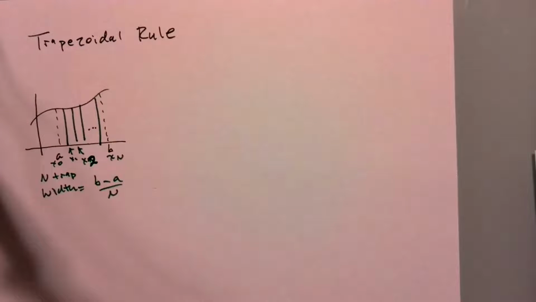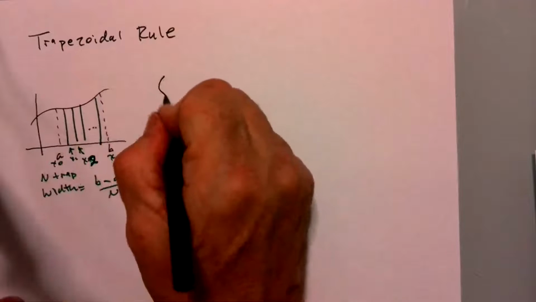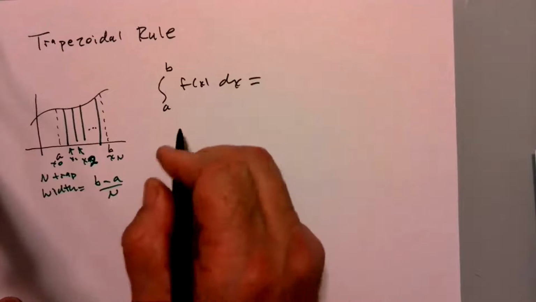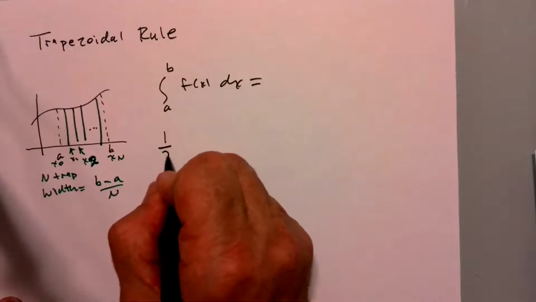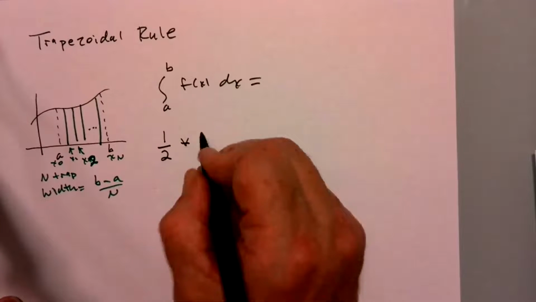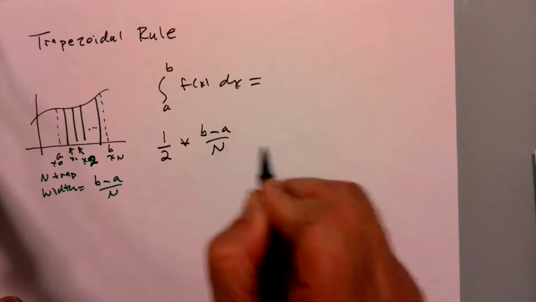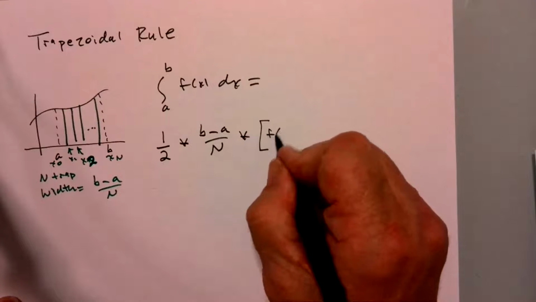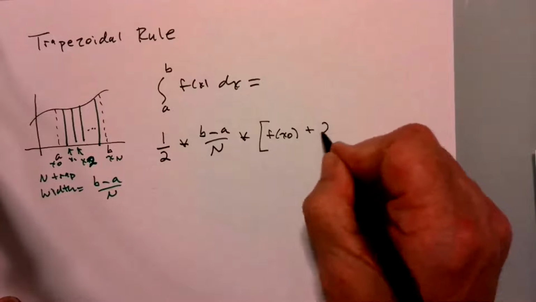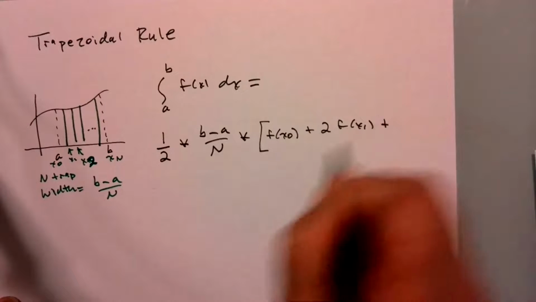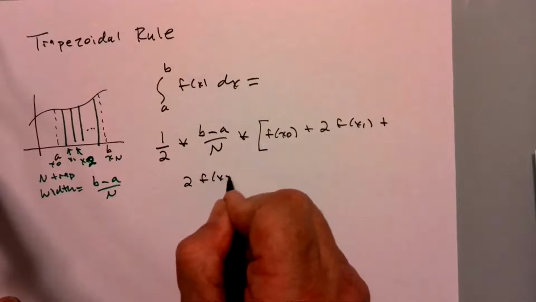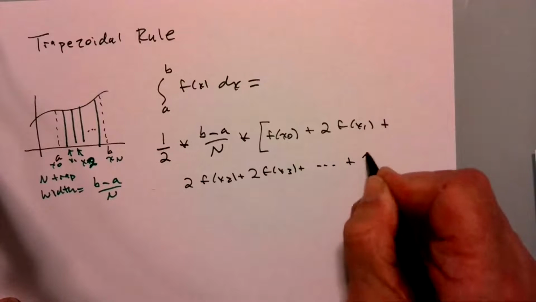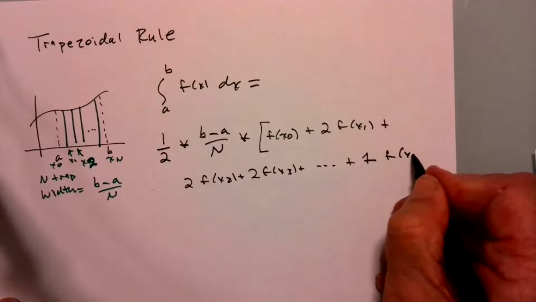And here's what our general form is going to be. The integral from a to b of f of x dx will be 1/2, that's our average, times b minus a over n, that's our width, times 1 times f of x naught, which is a, plus 2 times f of x1, plus 2 times f of x2, plus 2 times f of x3, plus dot, dot, dot, plus 1 times f of xn.